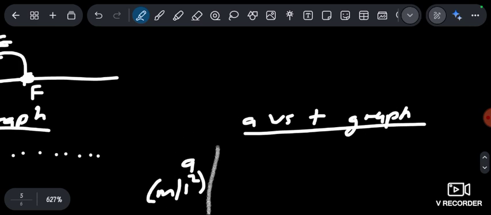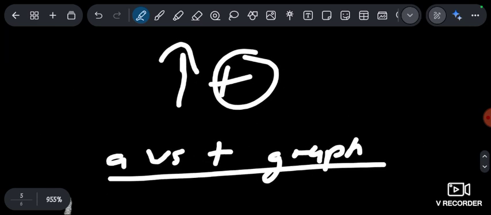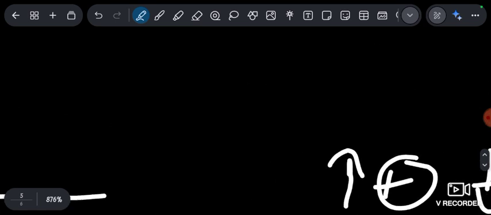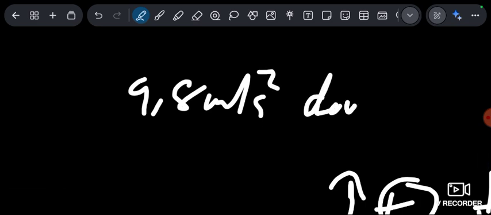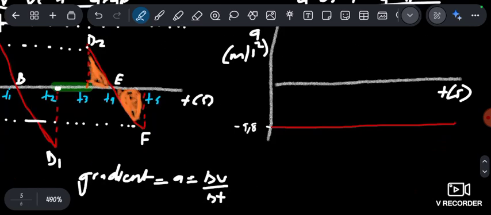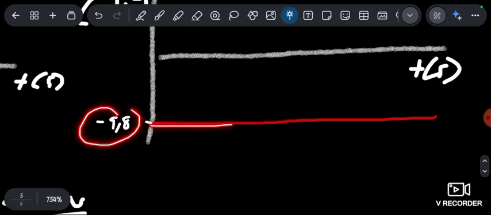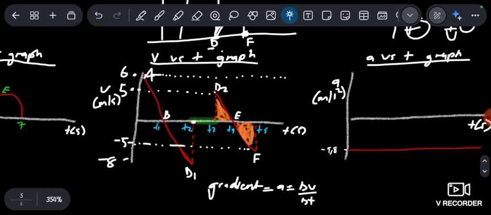We chose the upward as positive, meaning that my down is negative. What is my 9.8 direction? It is always meters per second squared, downwards. But now, if I chose downwards as negative, I must put that negative over here. So I must draw it in the negative part, and I just show that it is negative, and the acceleration is constant because it's the acceleration due to gravity.